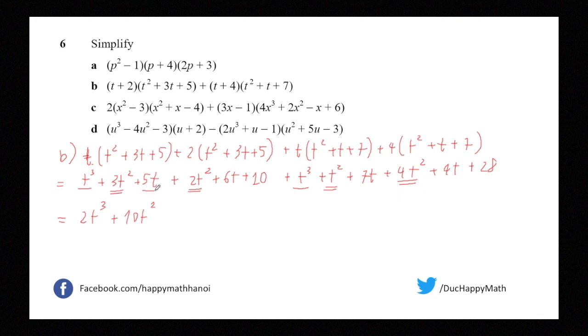How about t? 5, 6, 11, 7, 18, 4, 22. And as a constant number, 10 and 28 makes 38. Okay, in the same way you can work with your question C and D.